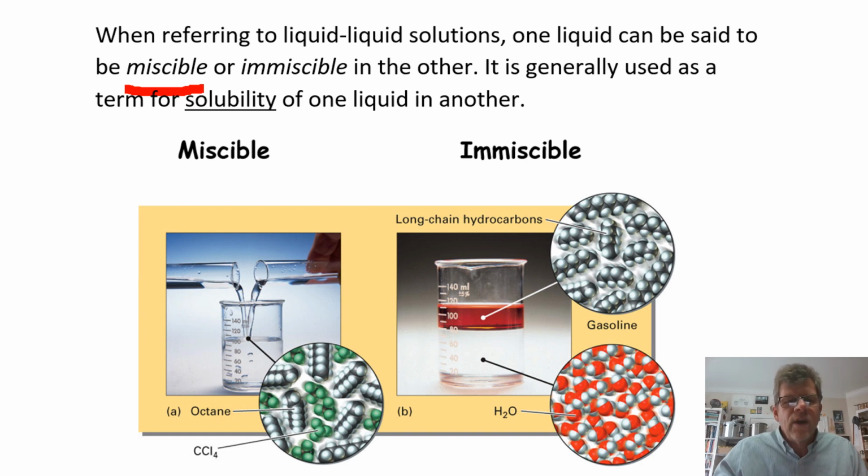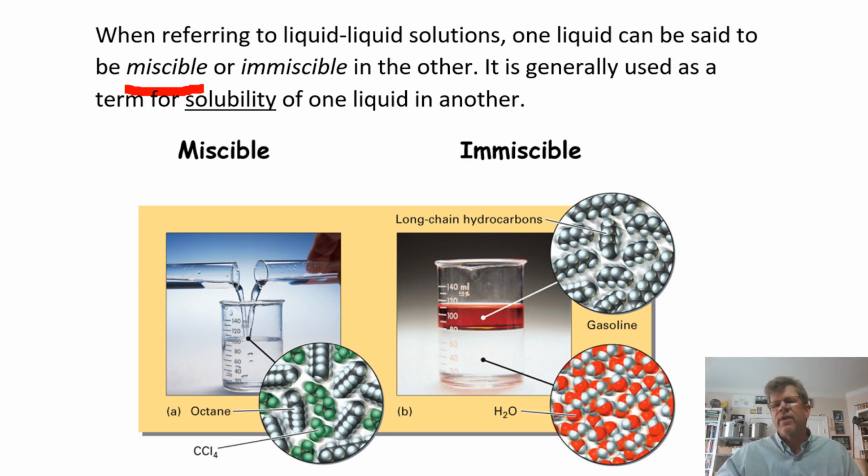Here we have a solute and solvent which happen to be liquids that are miscible in one another because they are both nonpolar. You can't really tell from the fact that it's octane and carbon tetrachloride, but they are indeed both nonpolar, so they are miscible in one another.